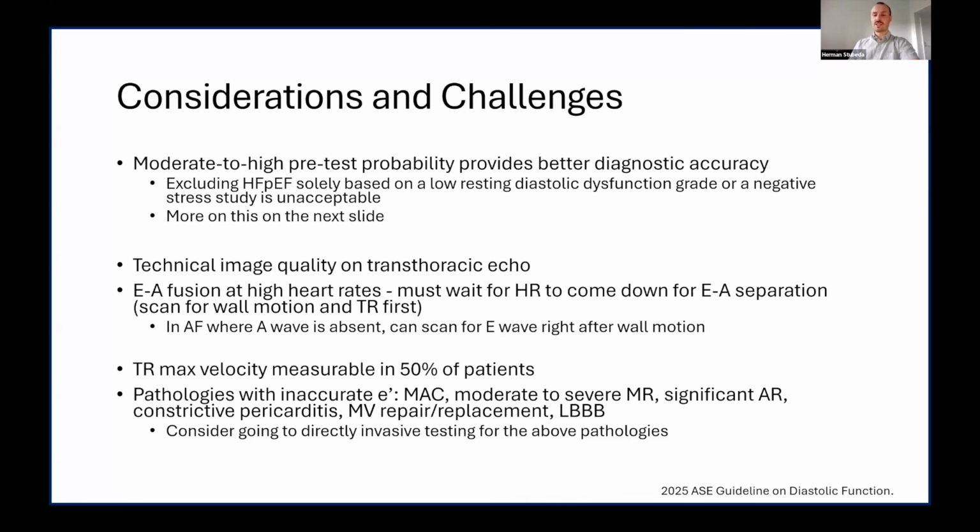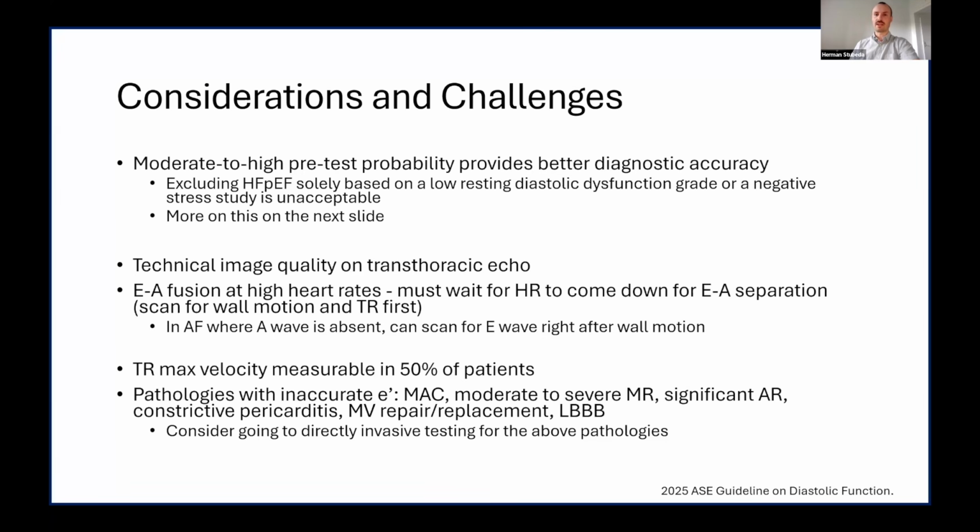And also, a lot of different pathologies can provide inaccurate E prime velocities, such as significant mitral annular calcification, moderate to severe MR, significant AR that impedes mitral inflows, constrictive pericarditis, any kind of mitral valve repairs, as well as left bundle branch block.